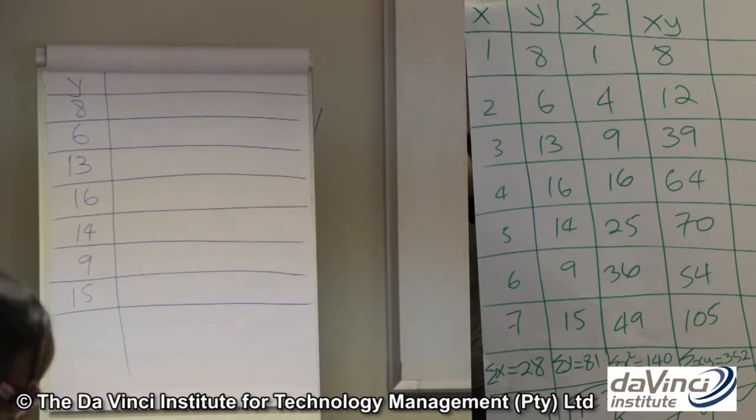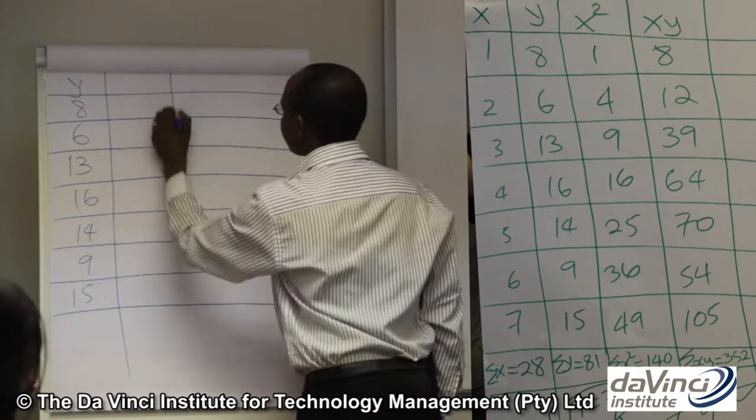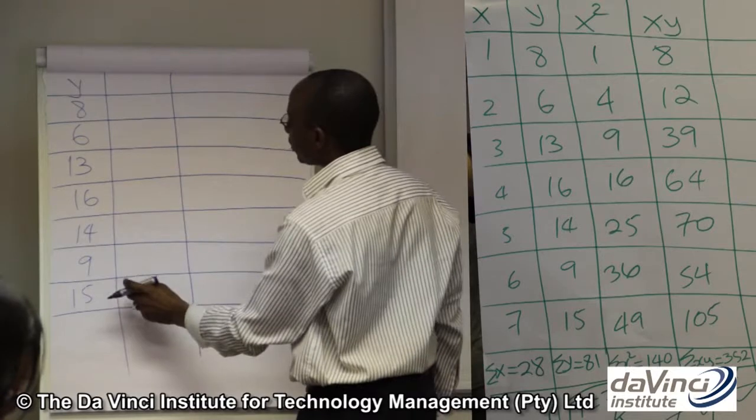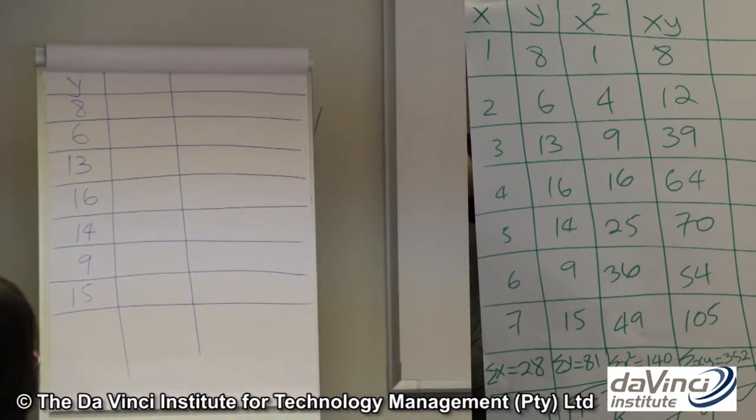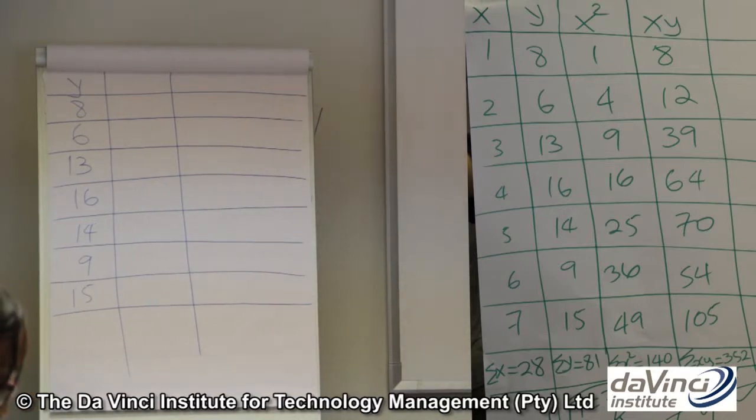Right. Now we need x. How many observations do we have? 7. Is that an odd number or an even number? Odd.